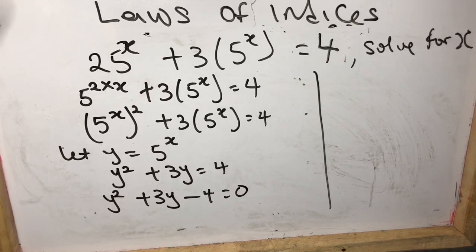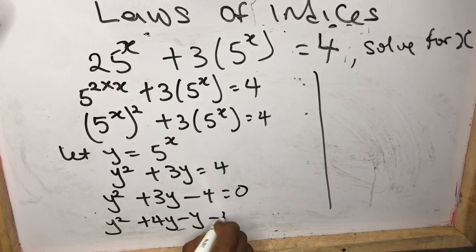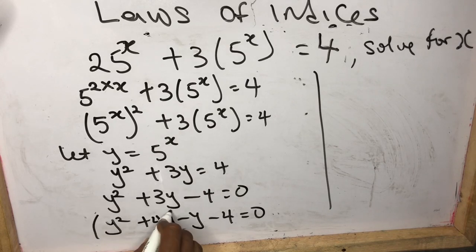So to solve the equation, you have y squared plus 4y minus y minus 4 equals 0. So to solve it using quadratic equation, you factorize.